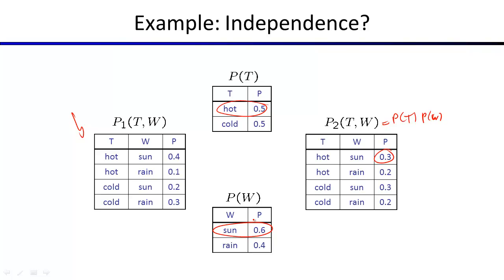And then we check, are these tables the same table or not? Well, already in the first entry, we see a difference, 0.4 on the left, 0.3 on the right. This means these tables are not the same, which means that we don't have it to be true that for all T and W, P(T,W) equals P(T) times P(W). And so T and W are not independent.